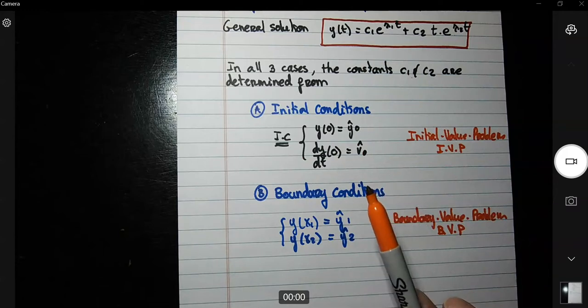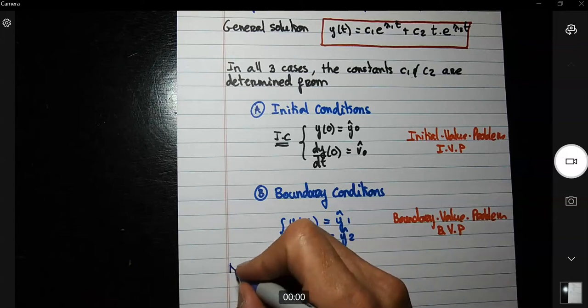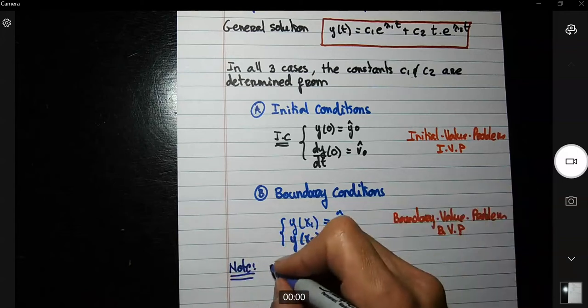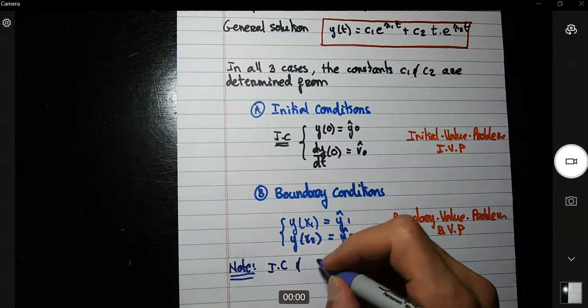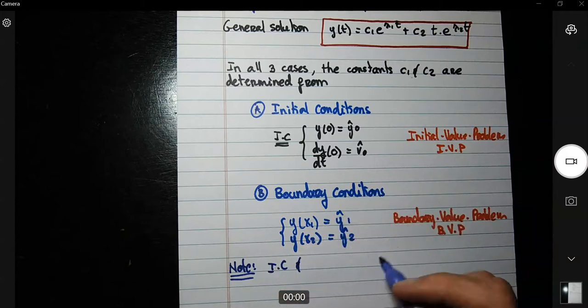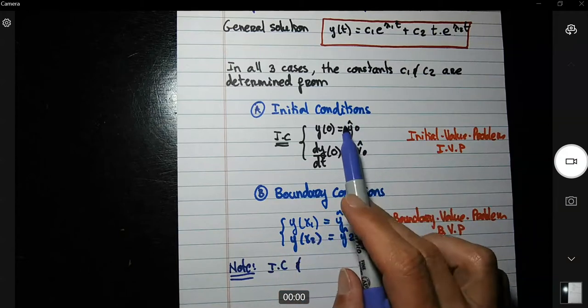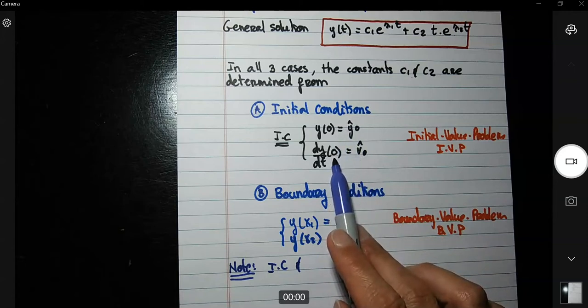Just one quick note: for initial conditions, more than boundary conditions, I always give them at 0, but they don't have to be at 0.